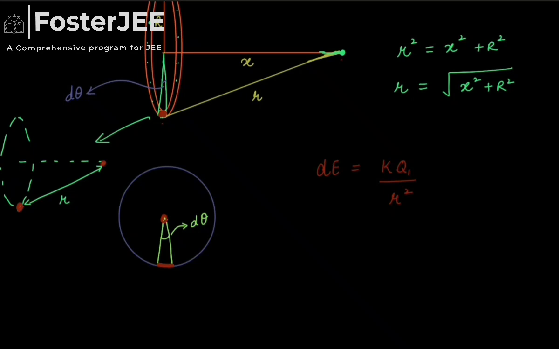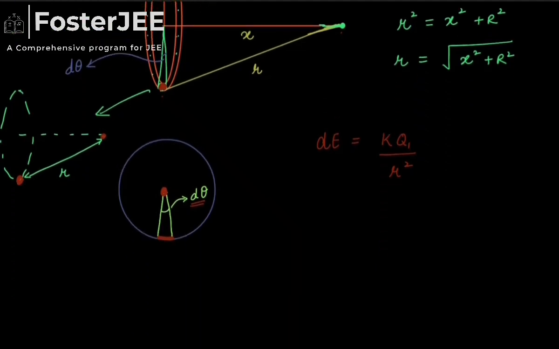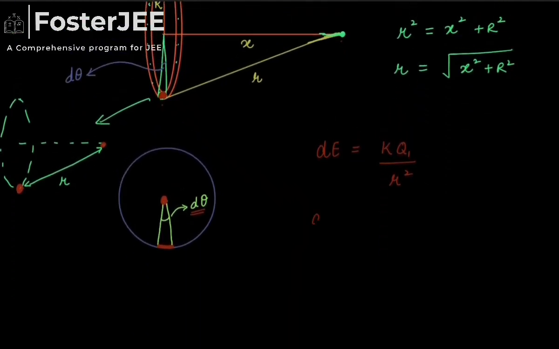Now again, by the unitary method, since it subtends angle d theta on this ring, and we are given that on the whole circumference q charge is distributed, we will write: if q charge is distributed over 2 pi radian, then on 1 radian the charge is q by 2 pi, and on d theta radian the charge will be q upon 2 pi into d theta.